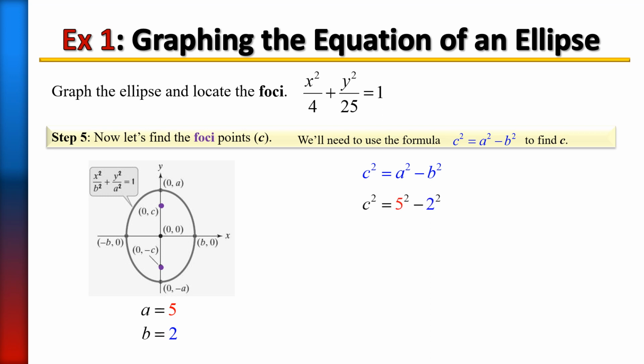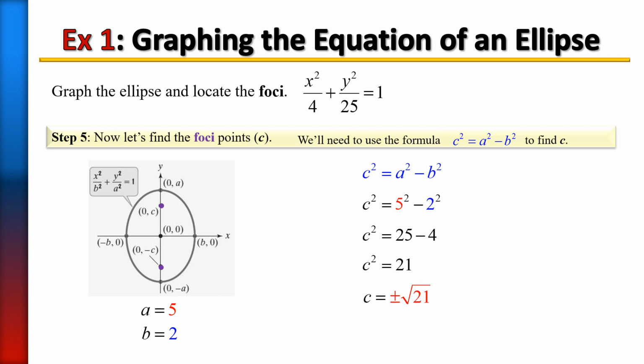On the right side, we have 5 squared, which is 25, and then 2 squared is 4. Once we subtract those values, we'll get a value of 21. Lastly, we're going to take the square root of both sides, and c equals plus or minus square root of 21.